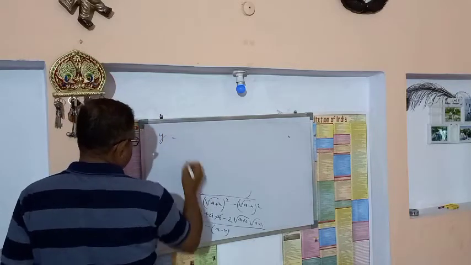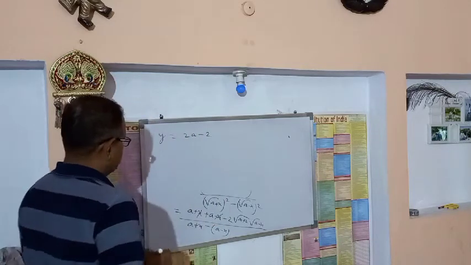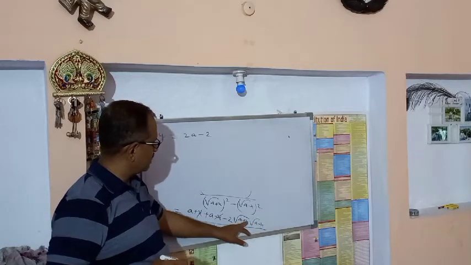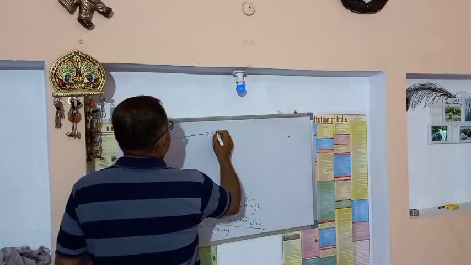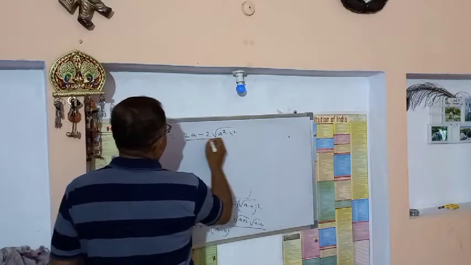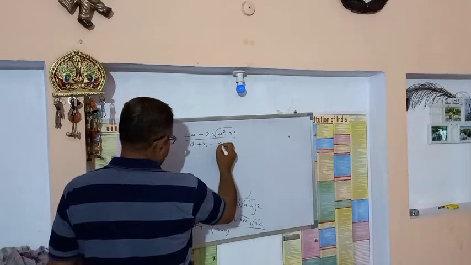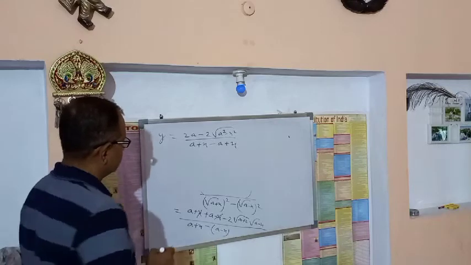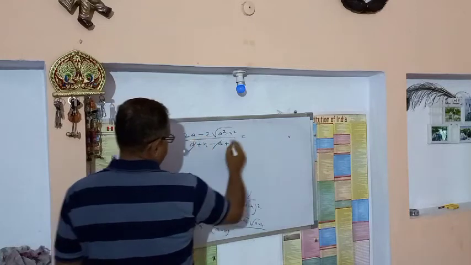So we can get y is equal to a plus a, 2a, minus 2 under root a plus x into a minus x. So a plus b into a minus b, a square minus b square. So we will write under root a square minus x square, whole upon a plus x, open the bracket, a plus x minus a plus x. So minus a plus a. Take 2 common.